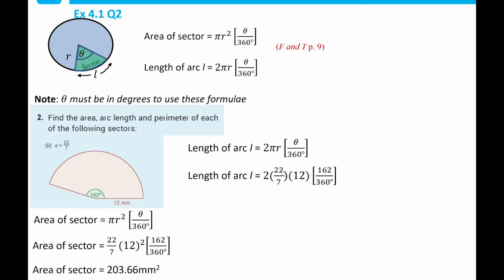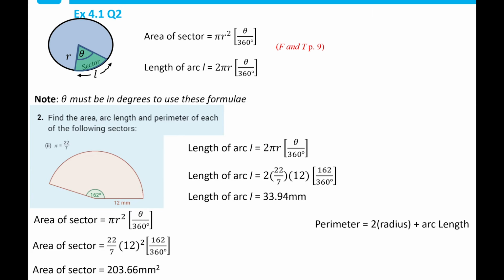Note that we're using 22 over 7 for pi, as it states this in the question. Multiplying this all together gives us our arc of 33.94 millimetres.